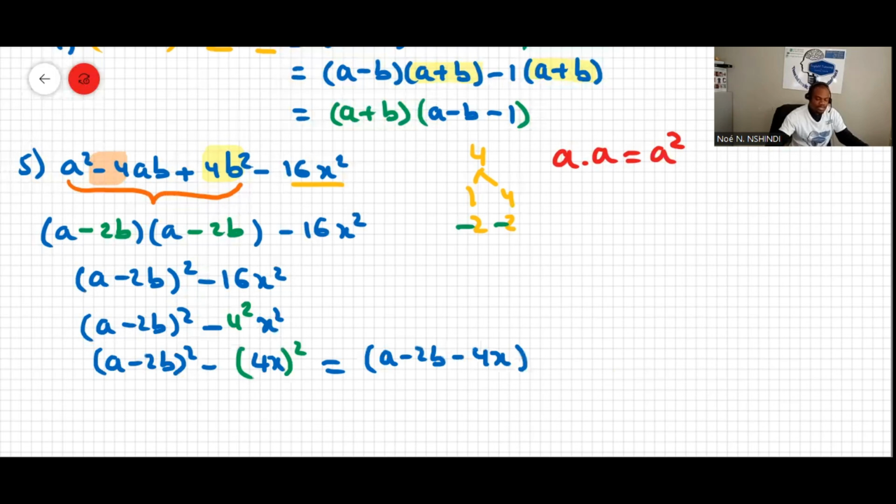and then open another bracket, a minus 2b plus 4x, difference of 2 squares. Remember, difference of 2 squares is like a² minus b². This is equal to a minus b, and then a plus b. That's the formula.